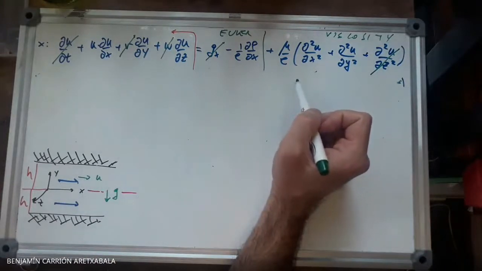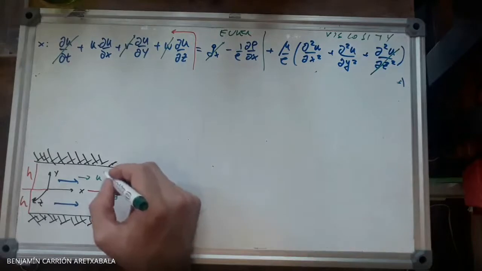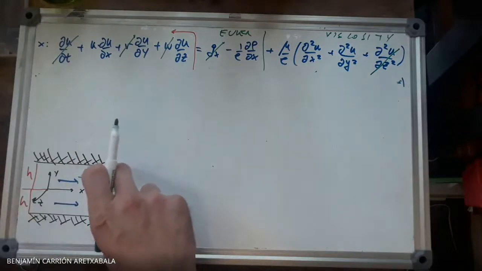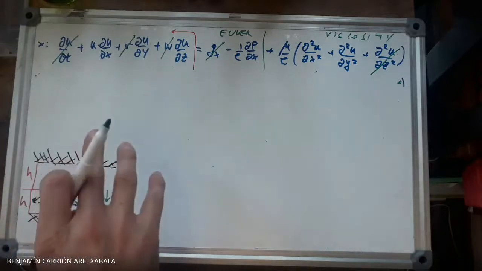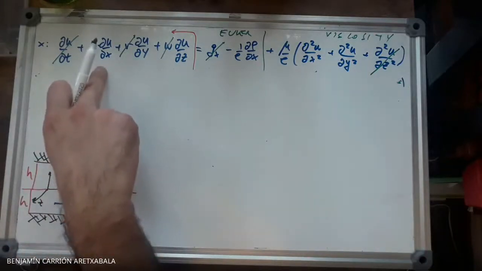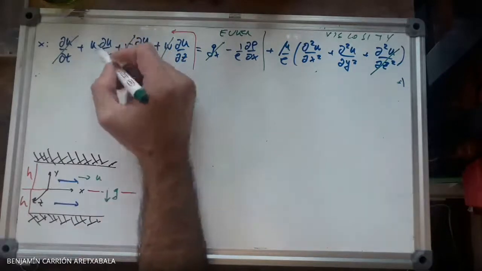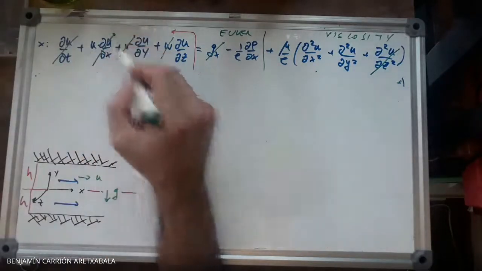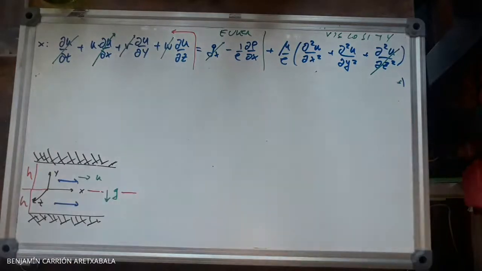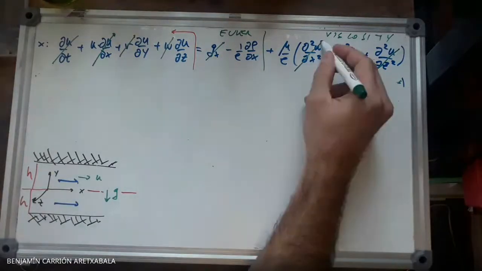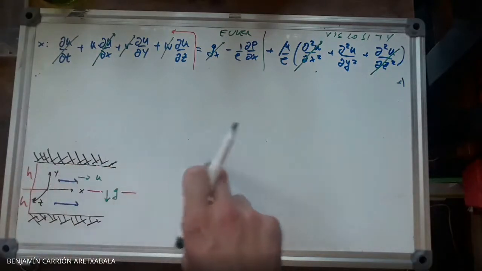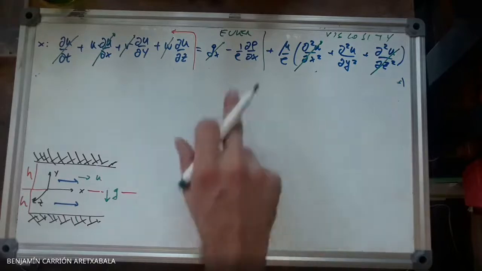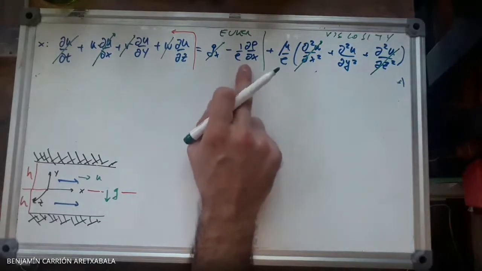And realize that if the geometry doesn't change in this direction, then by continuity all the gradients of the velocities in x are also 0. So this is 0, and this is 0, because the velocity profile is going to be the same along the tube. What we can't know is how the pressure changes down the tube.